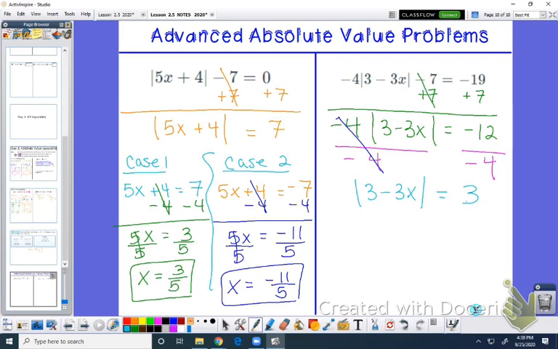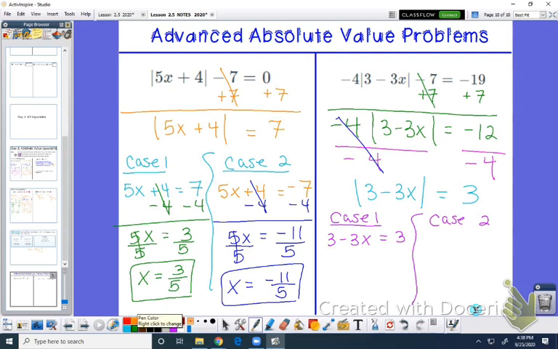Now we have this isolated, so we can break this down into our two cases. So we're going to do case 1 and then case 2. Case 1 is everything is positive. 3 minus 3x equals 3. So we can solve that.